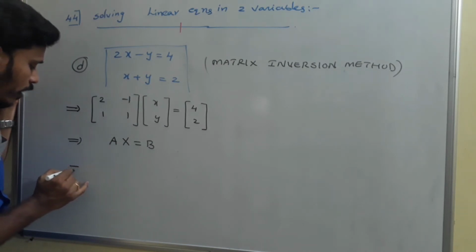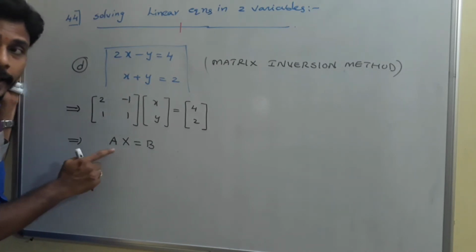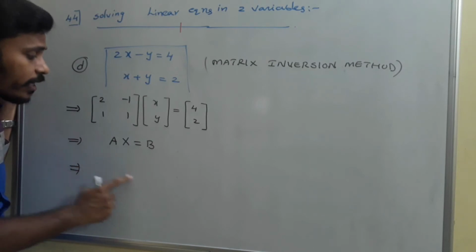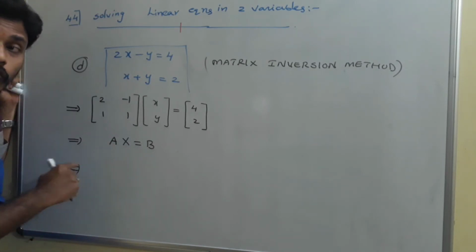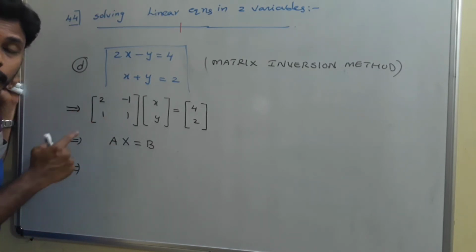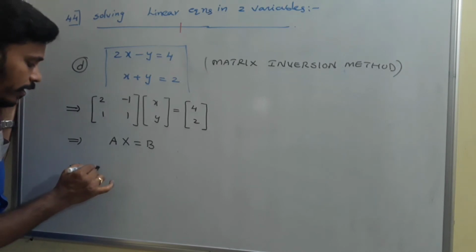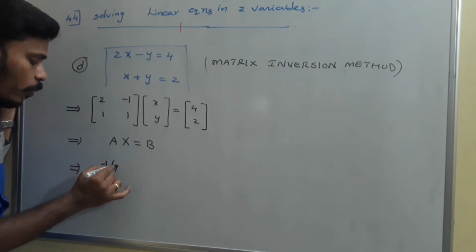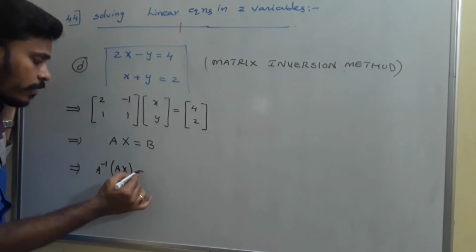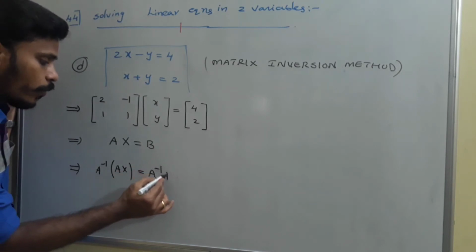X. So for that, I need X, I don't need this A, and sending A to the other side is not possible in matrices, so we need to multiply both sides with A inverse to eliminate this A. That's why our next step is A inverse of AX is equal to A inverse B.